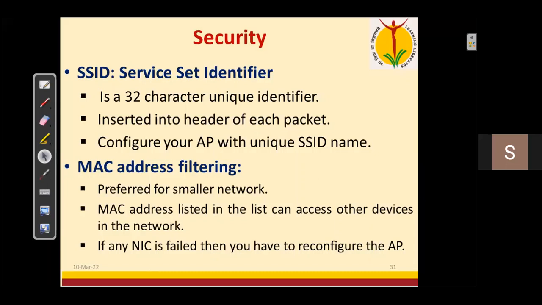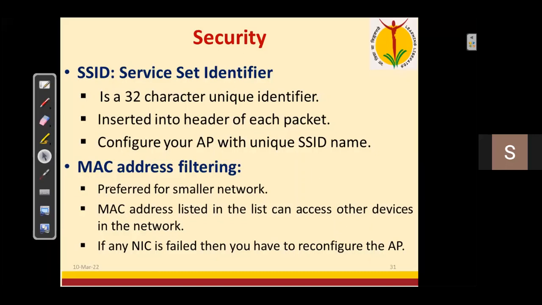So you can configure your access point through your SSID name, right? If you want to configure your mobile with your broadband, you can configure the SSID with your access point.